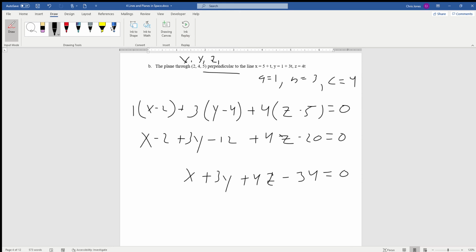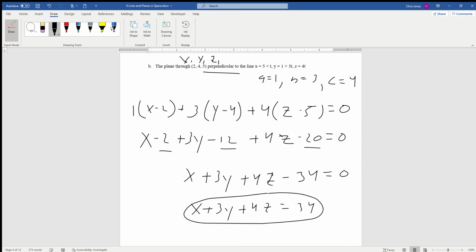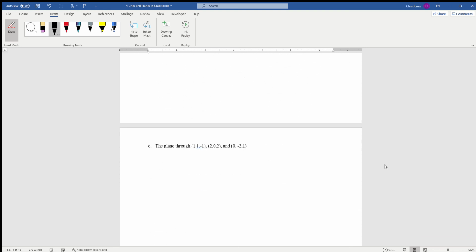And then if we were to add that 34 to both sides, x plus 3y plus 4z equals 34. And that's probably going to be the most useful of the different forms that we can generate. One final example.